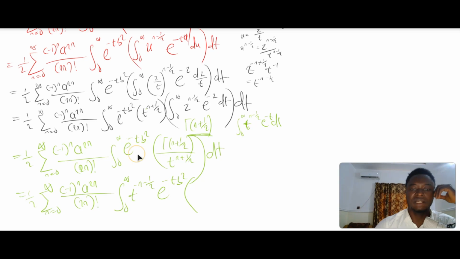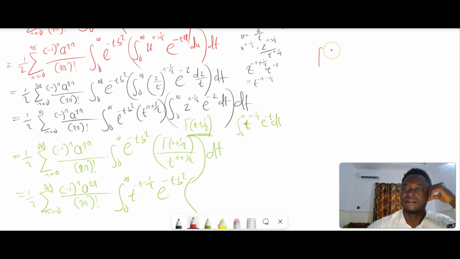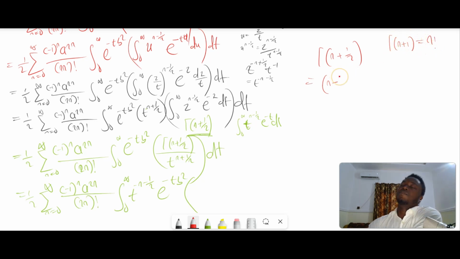The question that remains is how do we simplify gamma of n plus half? We're just going to take the product, because gamma of n plus 1 equals n factorial. So n plus half minus 1 is just 1 over 2 minus 1, so you have n minus half.